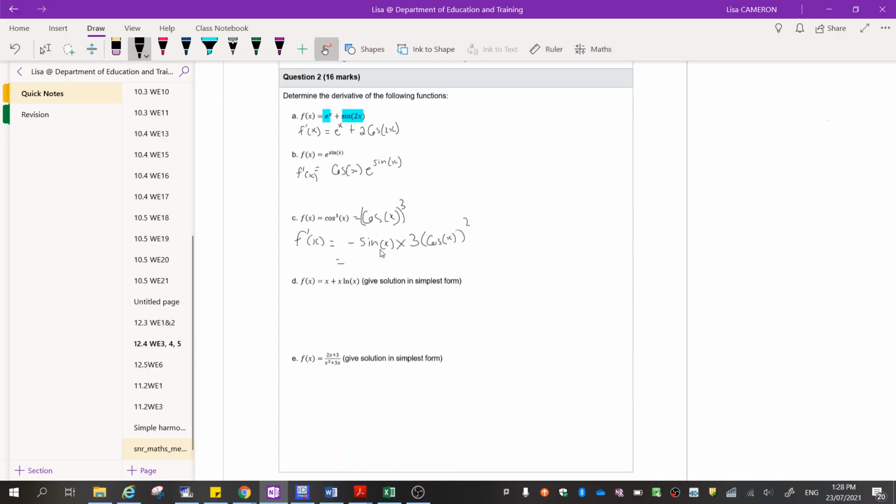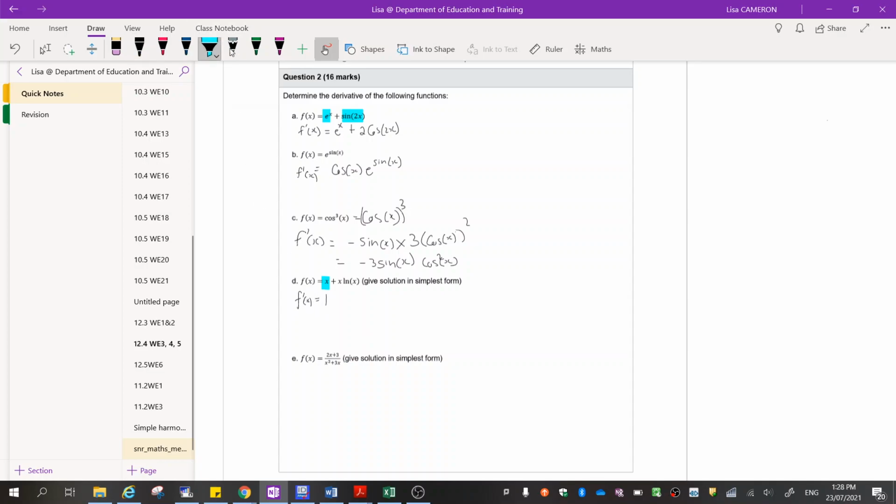Beautiful. Okay, so now I've got minus 3 sine x cos x, and I'm just going to write it back the standard way that they like that. Okay, next one. Again, we're going to take the derivative of each section. So this first one is going to become 1.